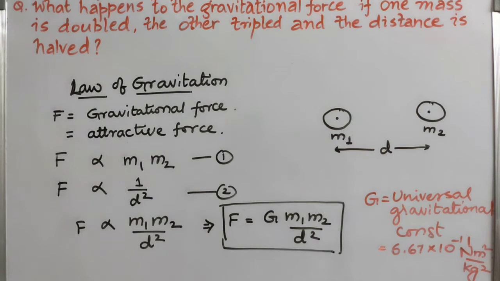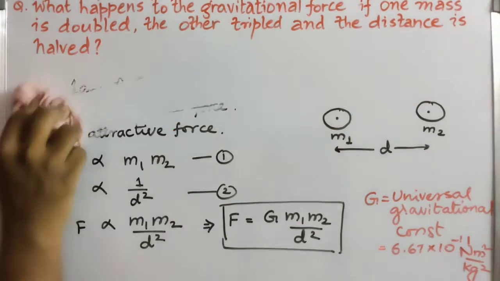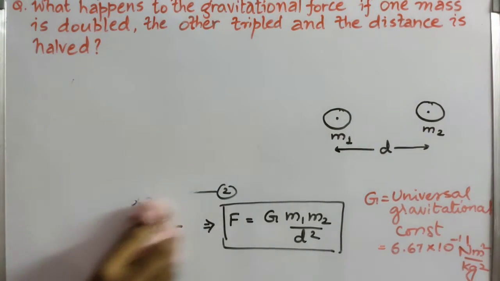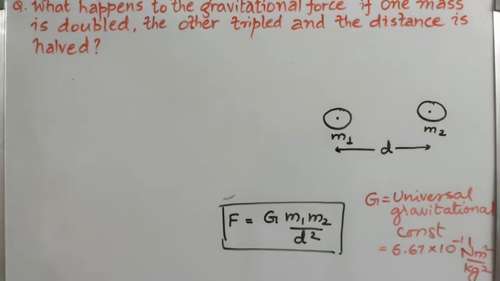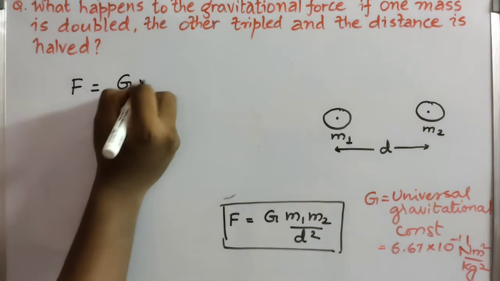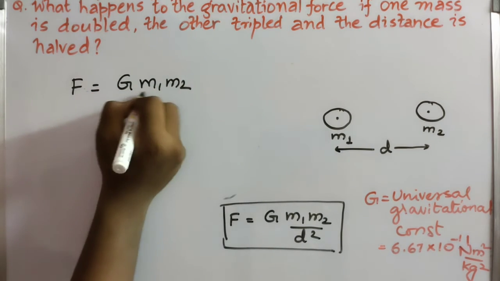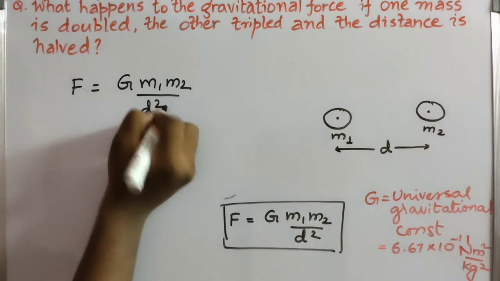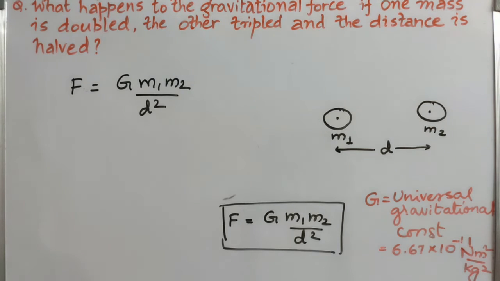So what is the force acting between the two masses given to us? Let's see that. From the law of gravitation, F is equal to G m1 m2 by d square. Correct? Now if you see our question, what happened?